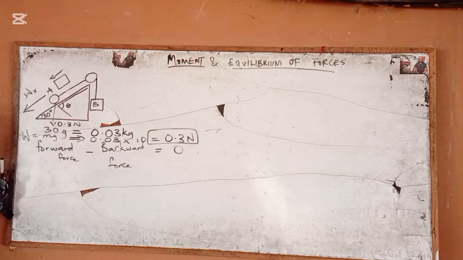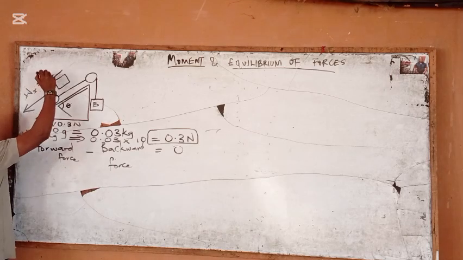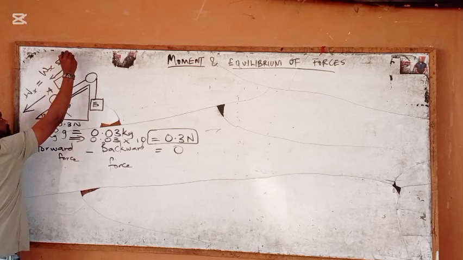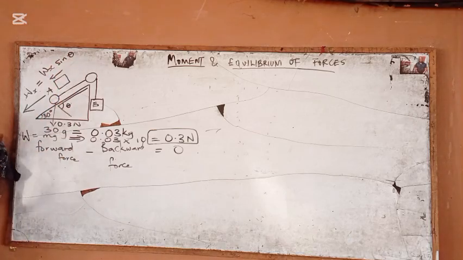So if that be the case, remember that we said that when you have an inclined plane, anything that has to do with the x-axis becomes sine theta, is it not true? Which means that our Wx will simply be W sine theta. While our vertical axis will just be mg cos theta. Do you still remember?